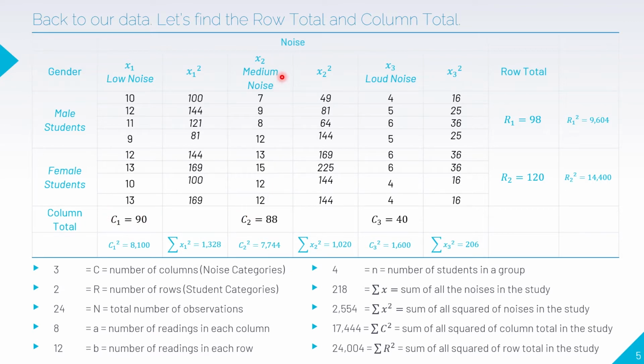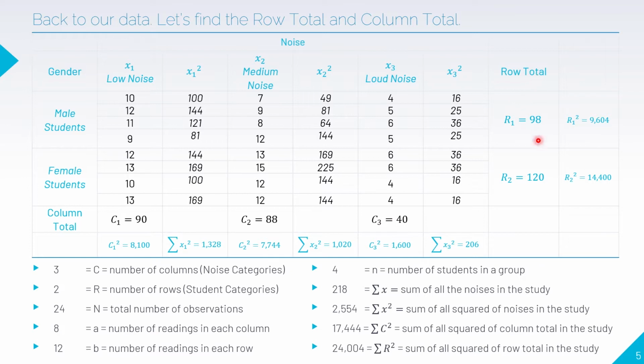In our second column, the medium noise, we have 7 plus 9 plus 8 plus 12 plus 13 plus 15 plus 12 plus 12. We have 88 as our second column. In our loud noise, we have 4 plus 5 plus 6 plus 5 plus 6 plus 6 plus 4 plus 4, and our third column is equal to 40. Now we have our column totals for the 3 columns.